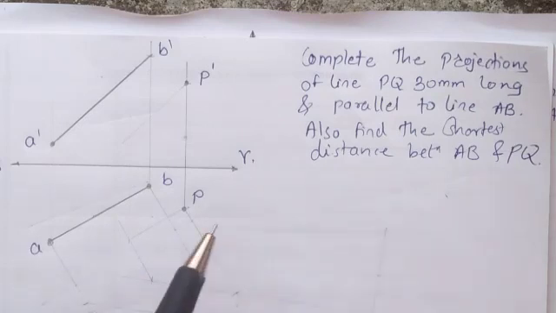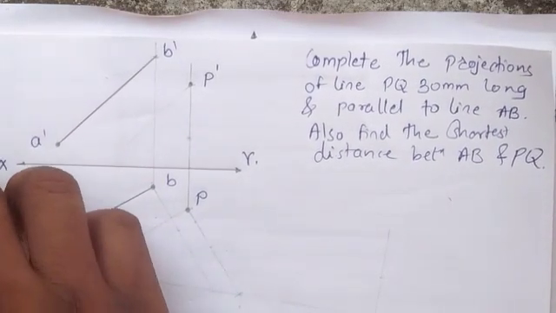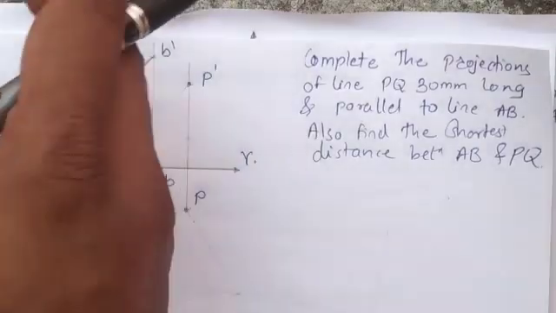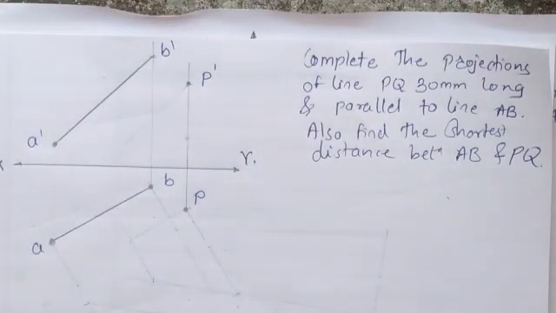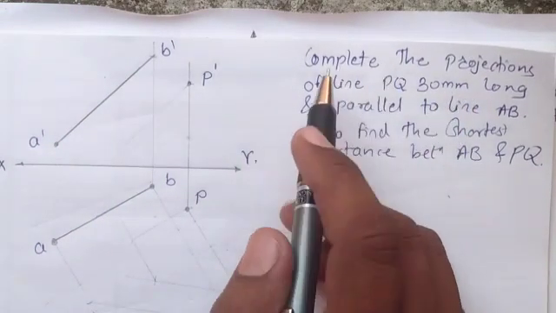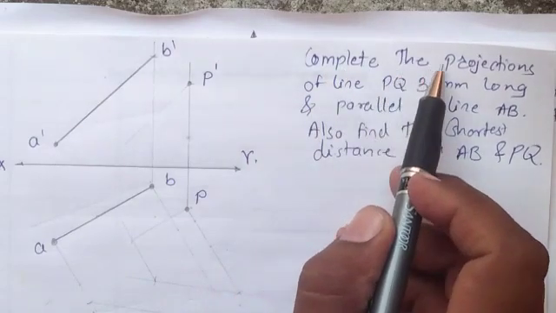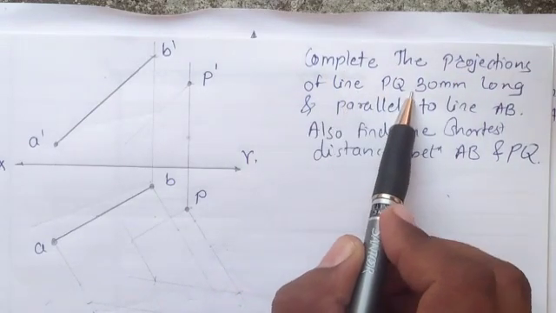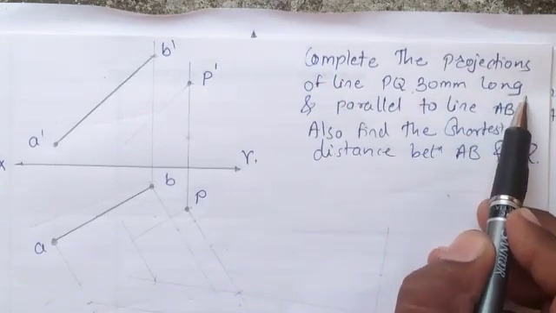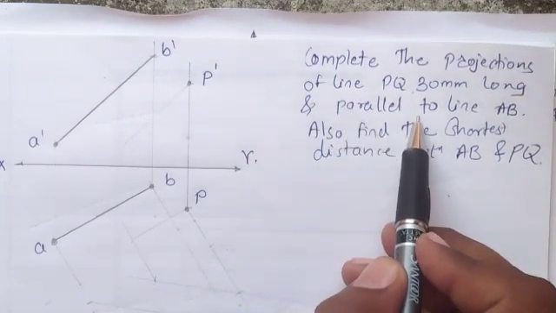So see, these problems will be asked as objective type or MCQ type questions. Let us see the question statement. Complete the projections of line PQ, 30 mm long and parallel to line AB.